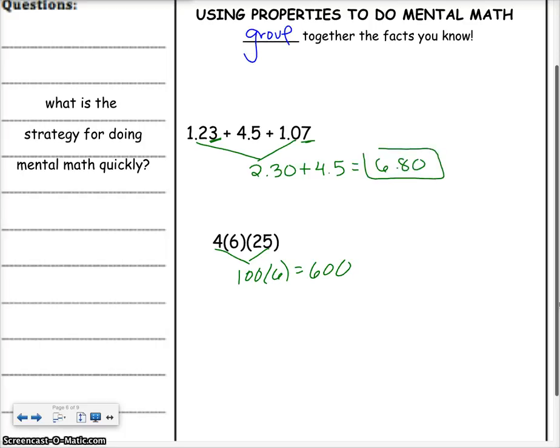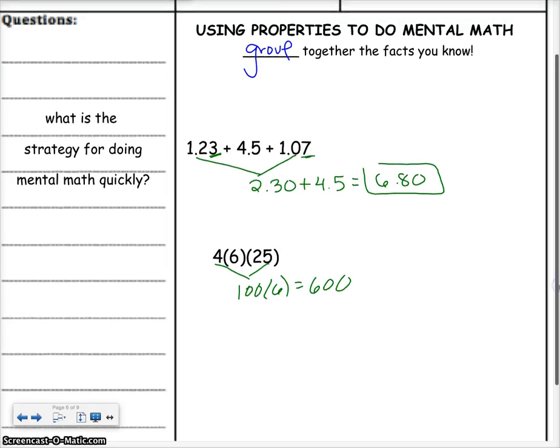So when I look at compatible numbers, my goal is to have an ending 0. That's always my goal. When I group together numbers, I want to say, what can end in a 0 together? Because then you're working with tens, and tens are so easy to work with. That's my goal.